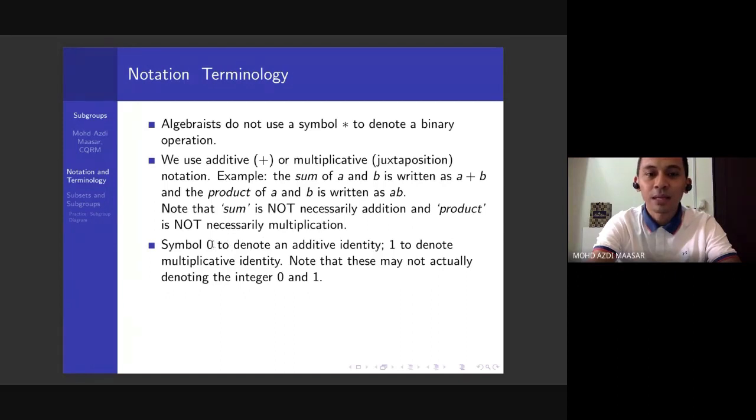Additive identity means the identity for groups where the binary operation follows additive notation. You can have an informal understanding that we're talking about additive identity for operations that are commutative, and we use 1 to denote identity for operations that might not be commutative. So we can use this notation, 0 and 1.